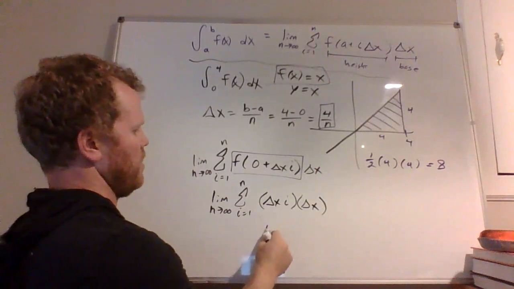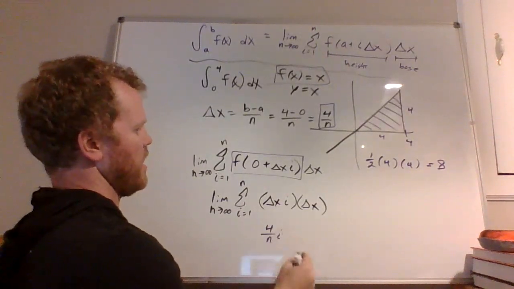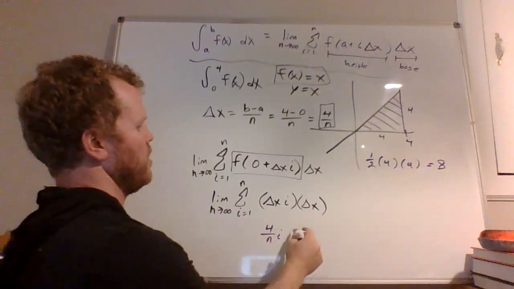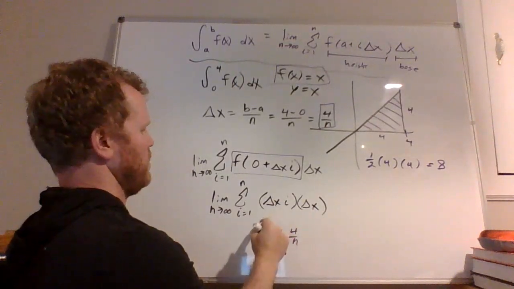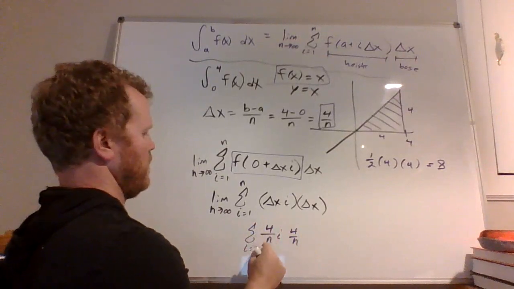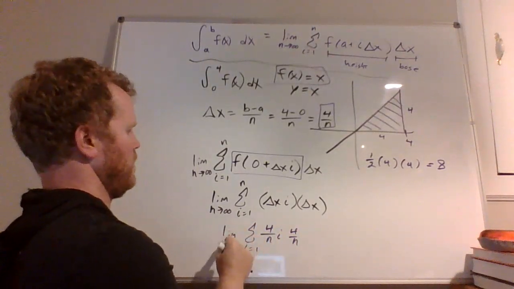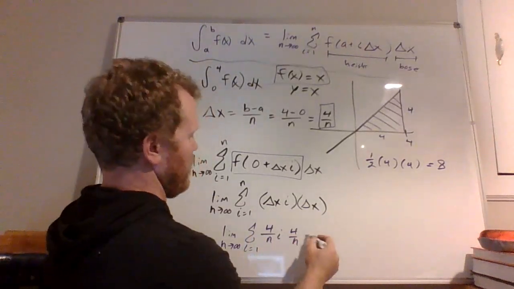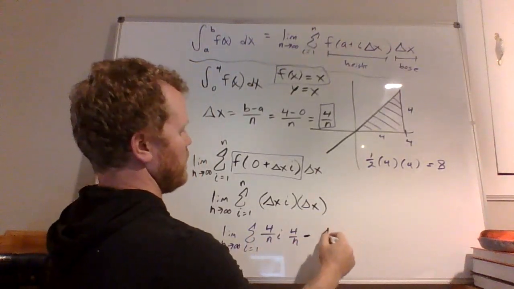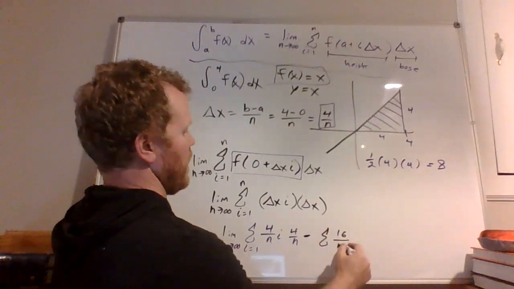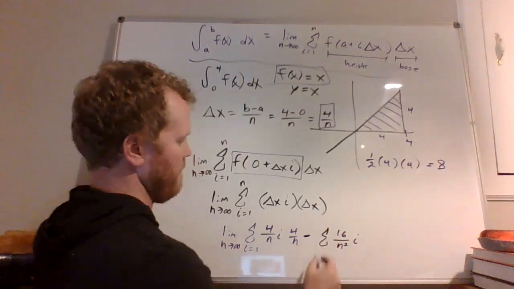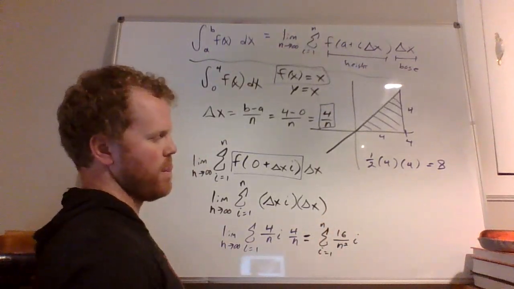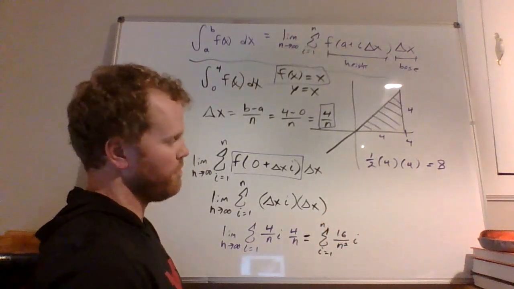So we get 4 over n times i times delta x, which is 4 over n. So essentially we get 16 over n squared times i. So far so good, hopefully.